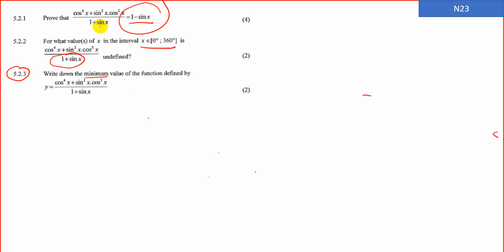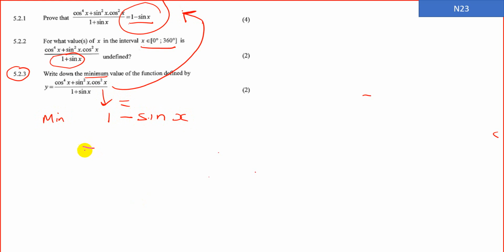Now remember, in question 5.2.1, we proved using the trig identity that it's actually equal to 1 minus sine x. So we can work out the minimum of 1 minus sine x, because this entire expression is equal to that.